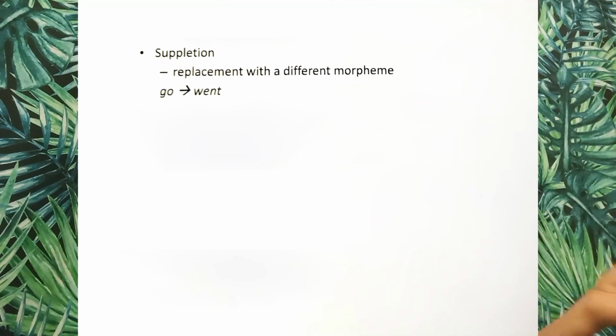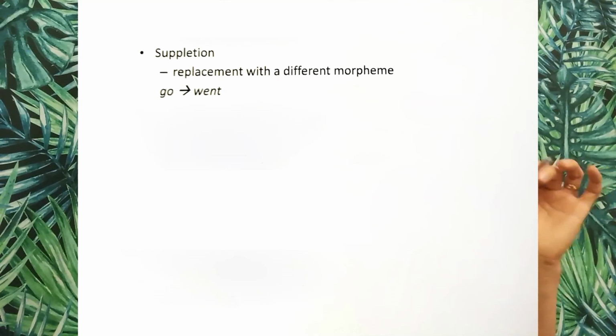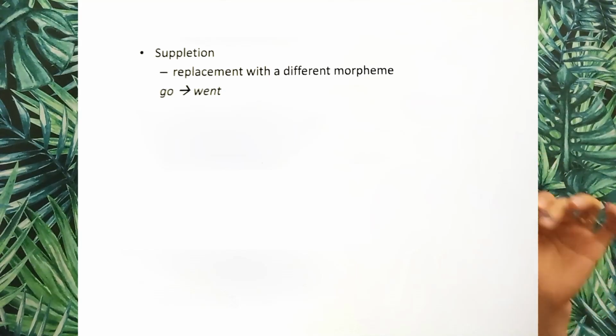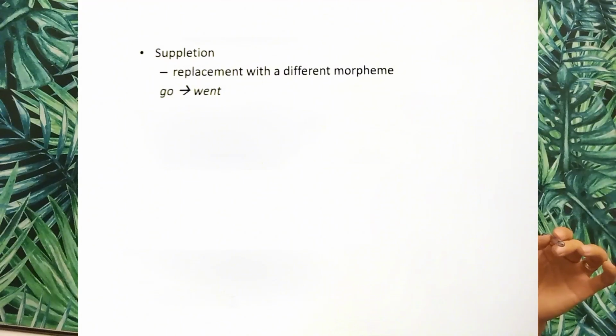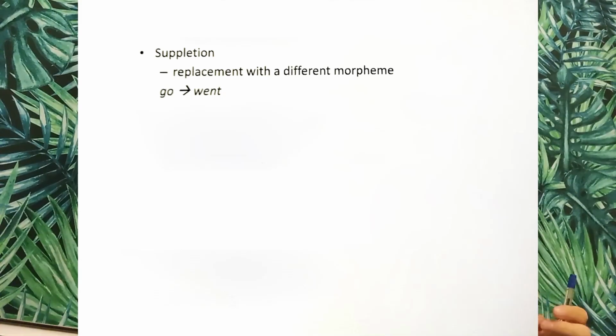So cases like plural morphemes, plural noun morphemes, right? The added suffix s can be sounded as s, z, or iz. It depends on the rules behind it. And verb past tense, right?